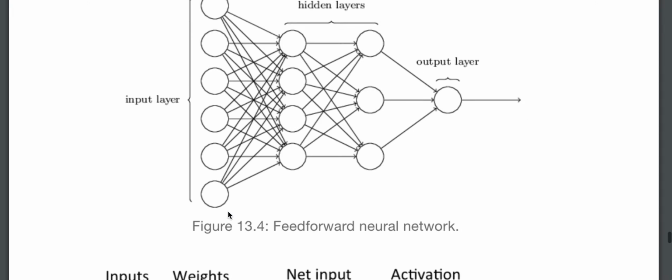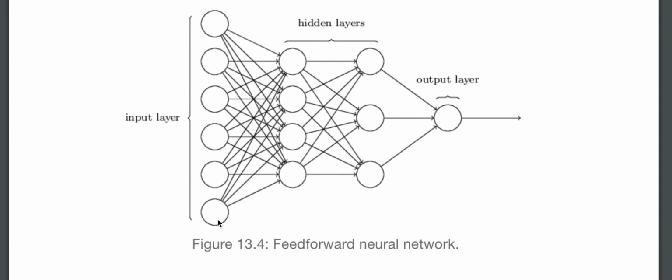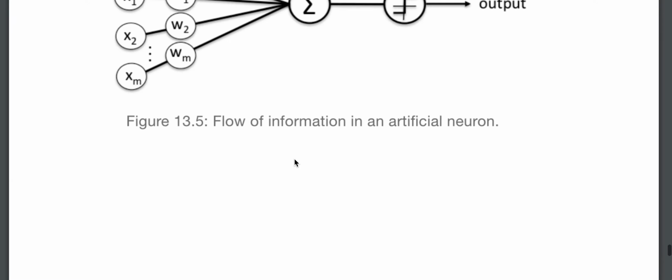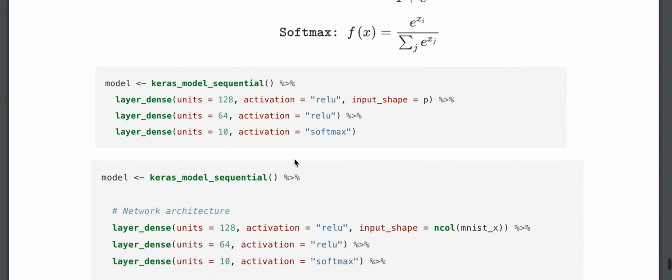So you have the input layer, and then you have these 128 units, and their nonlinearity is rectified linear unit.